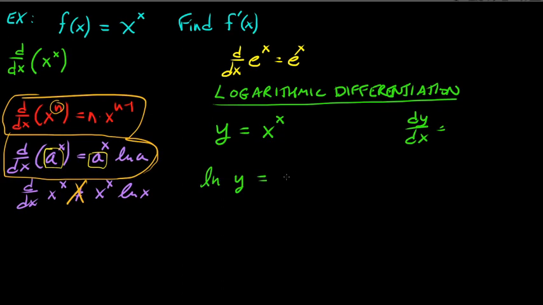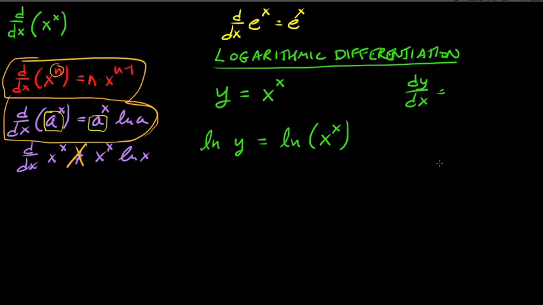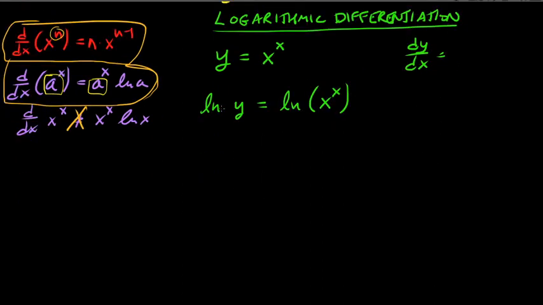We could use any base, but trust me, ln, natural log, works best here. So we have natural log of y equals natural log of x to the x. And now you might think, but wait a minute, if I'm taking the derivative of both sides, I'm going to use the chain rule here, and I'm still going to have to take the derivative of x to the x. Of course.